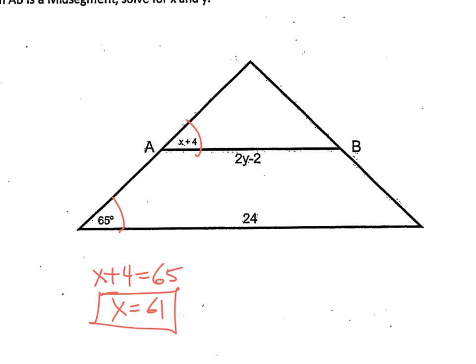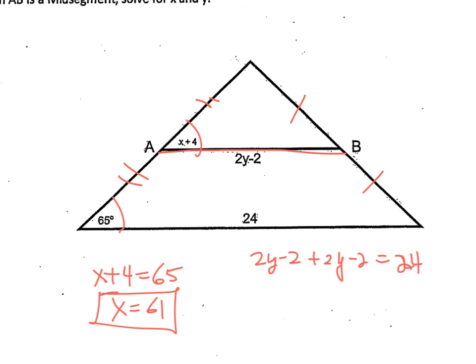And then for y, I can say that 2y minus 2 plus another 2y minus 2 is equal to this whole length of 24. This segment here is the mid-segment. The mid-segment connects two midpoints.